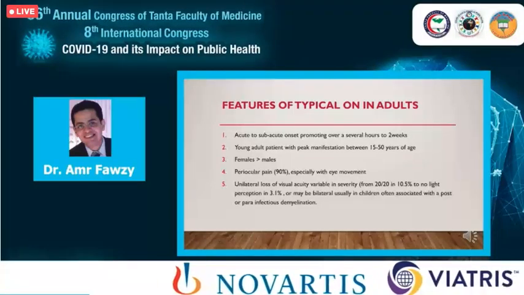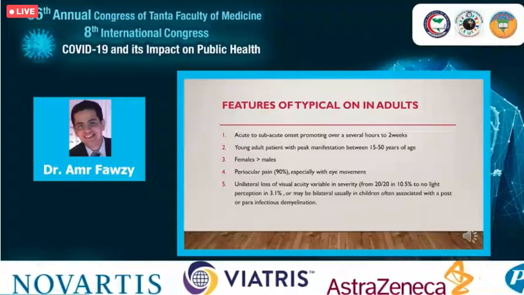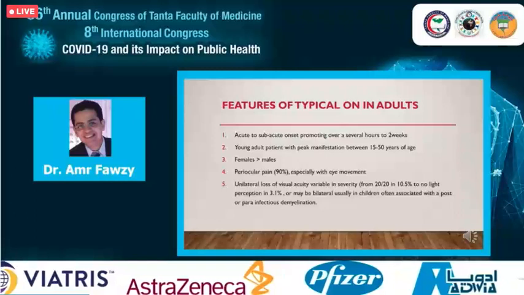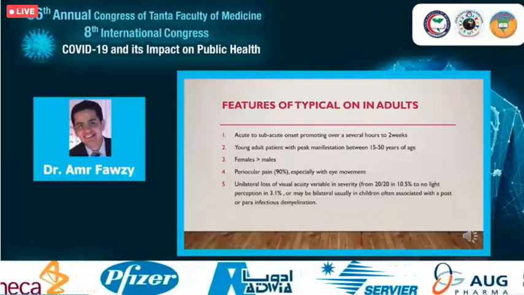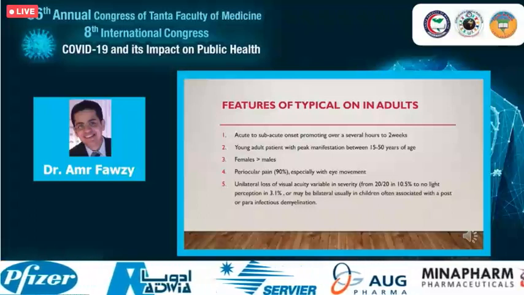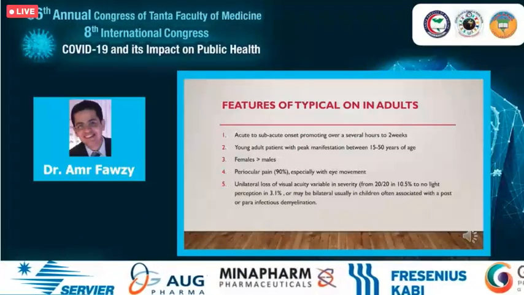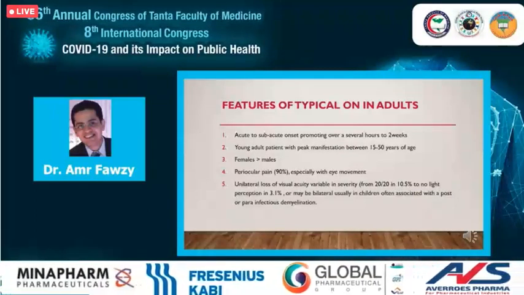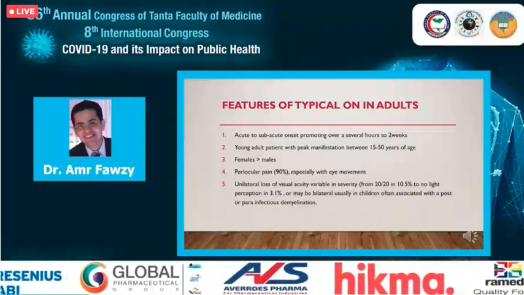What other signs of optic neuritis? We said that it is either typical form or atypical form. So what are the features of typical optic neuritis in adults? Number 1, it is acute or subacute onset, progressing over several hours to 2 weeks.